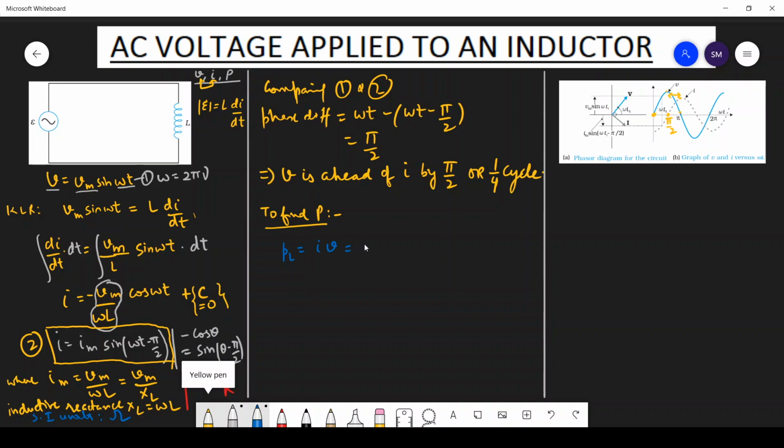What do we get? We get Im sine omega t minus pi by 2 into Vm sine omega t.